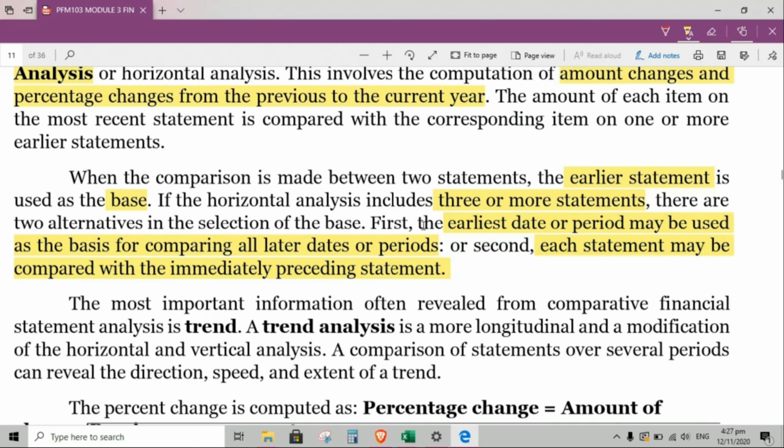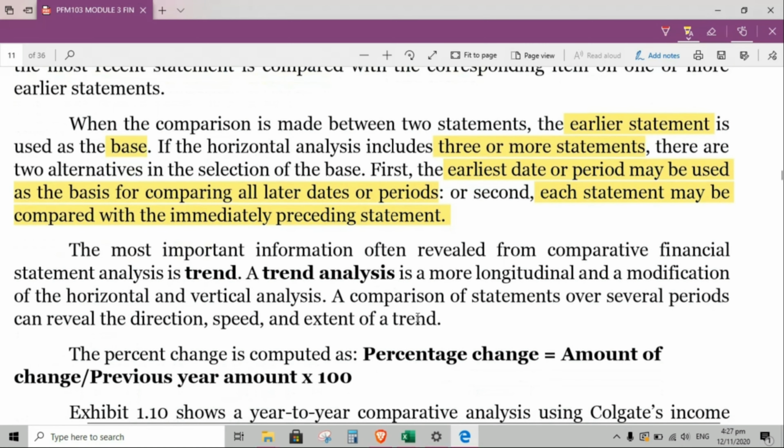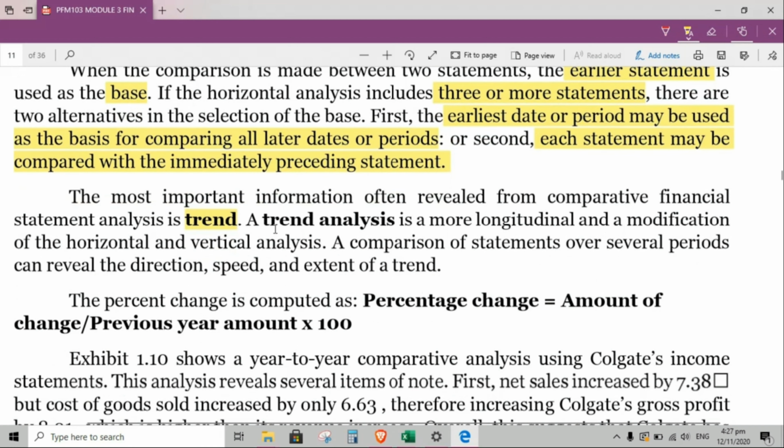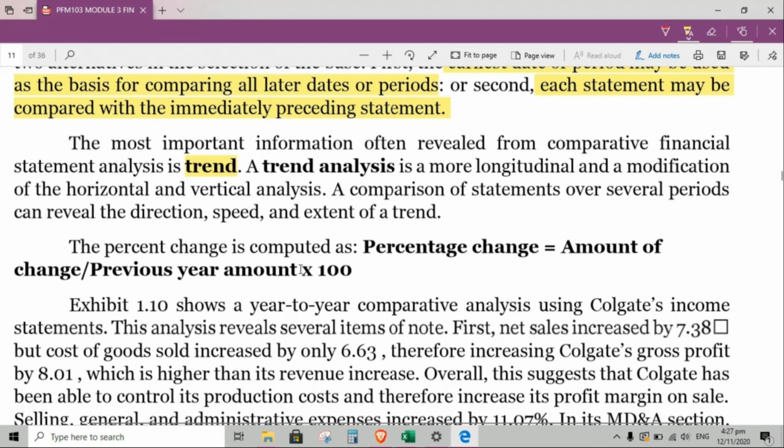at 17. Sa comparative financial statement analysis, makakabot tayo ng tinatawag na trend. Kapag ipa-plot na natin yan sa Excel, makakapag-generate siya ng line graph. So, trend analysis is a more longitudinal and a modification of the horizontal and vertical analysis.